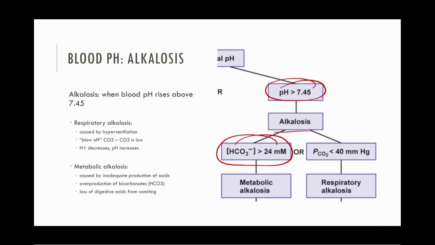If our CO2 drops below 40, again, CO2 is the acid marker. When that drops, it means we're alkalotic. So you have to look at which variable is abnormal, match it to the pH, and you get your answer.